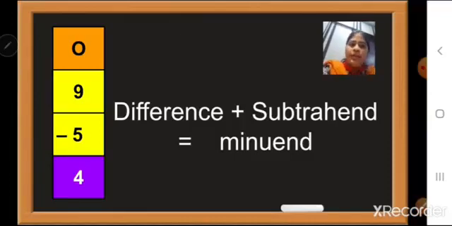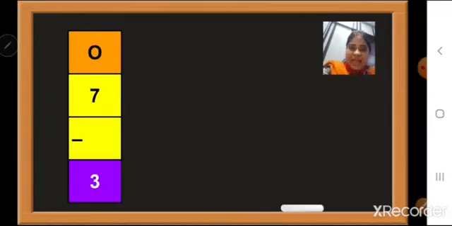Children, now what if the subtrahend is missing? How we are going to do? Let us take one more example. Now in this example, we have 7 as minuend and 3 as difference. You can see here the middle number, which is our subtrahend, is missing.